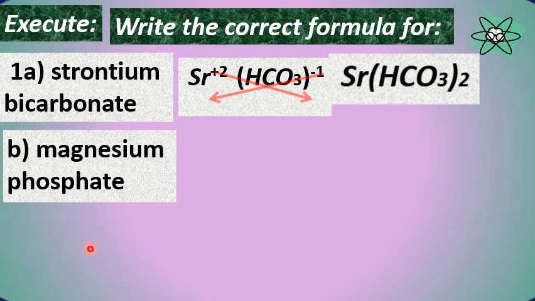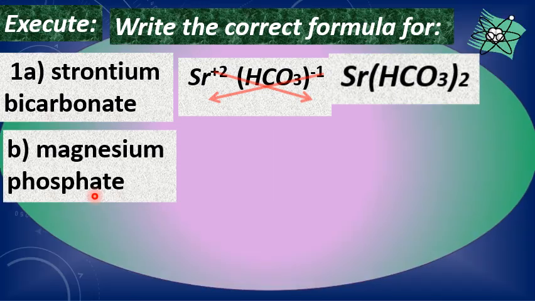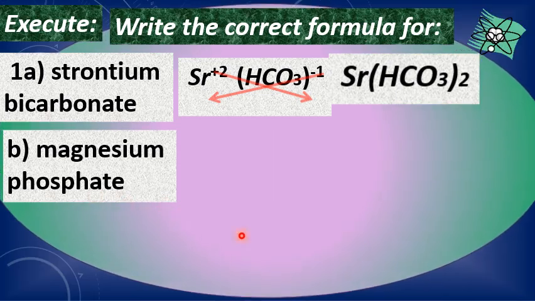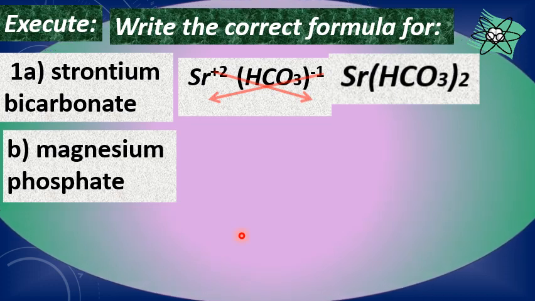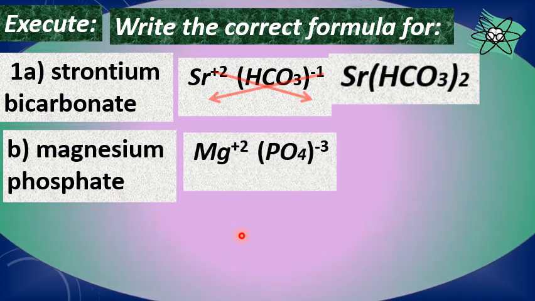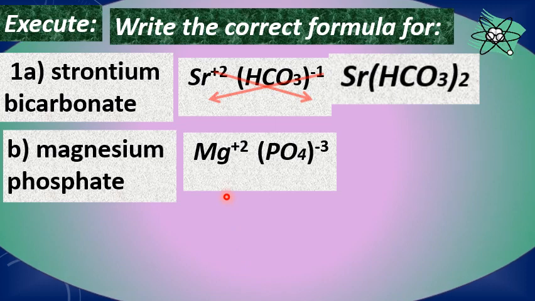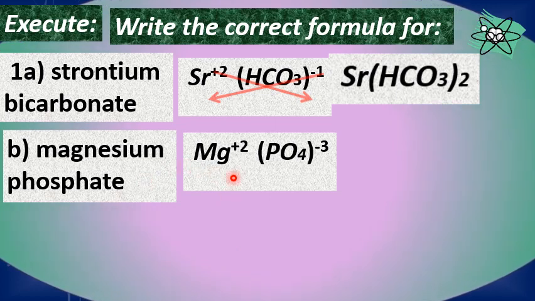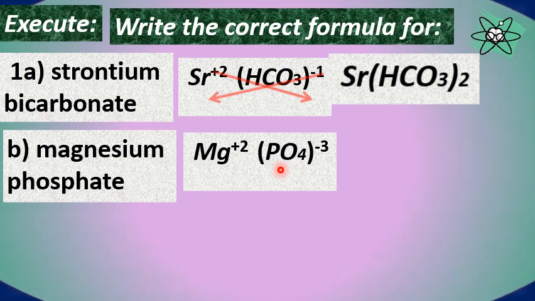For question letter B, you are given magnesium phosphate. So we have a positive 2 magnesium ion combining with a negative 3 phosphate polyatomic ion.